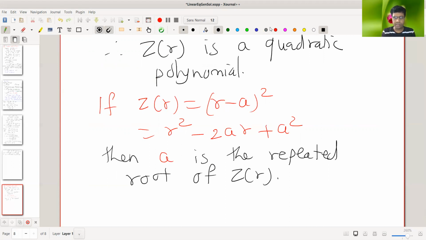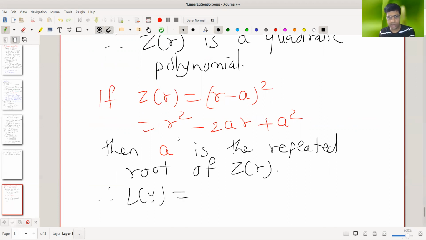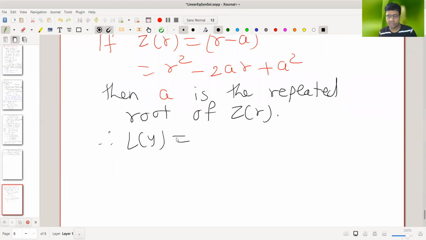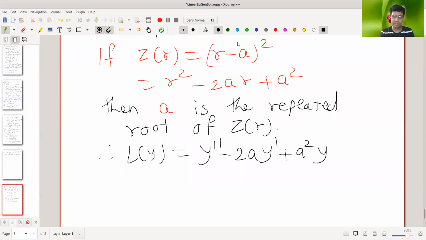Now, if characteristic equation has this form, then L of y must be, we know how to find characteristic polynomial from differential equation and vice versa. So r square means there should be second derivative of y, minus 2a r means there should be minus 2a y dash, plus a square into y. So this should be our differential equation for which z of r is r minus a bracket square, that is repeated root.